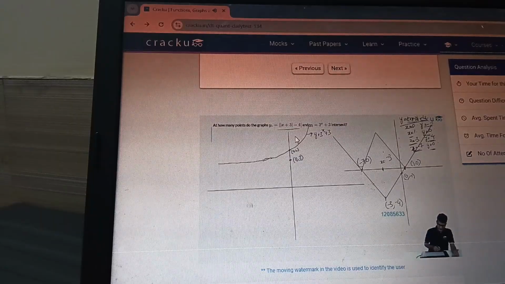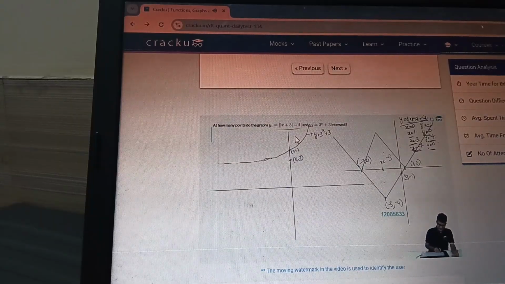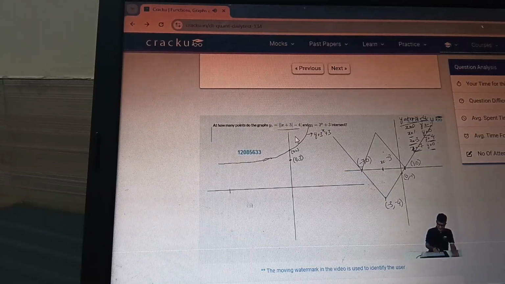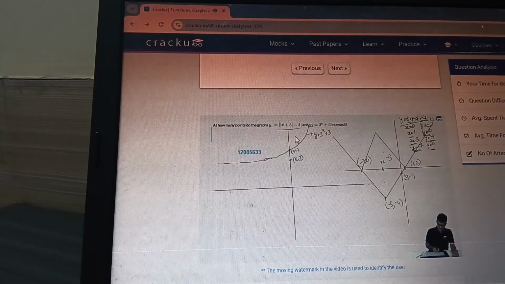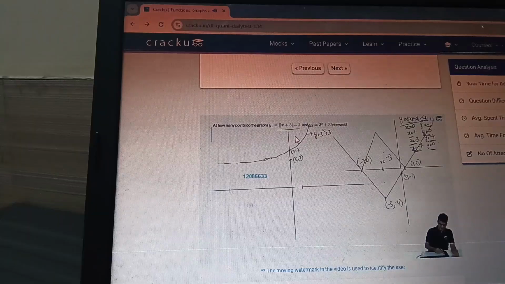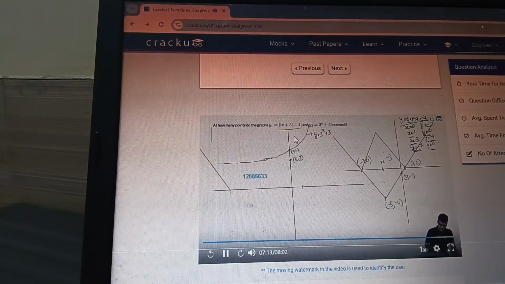Now if you are looking at it, the important points are minus 7, 0, which will be somewhere over here. Another point of interest is minus 3, which is over here. And another point of interest is 1. That is over here. Now if you are drawing the curve, it will look something like this. It will come like this.